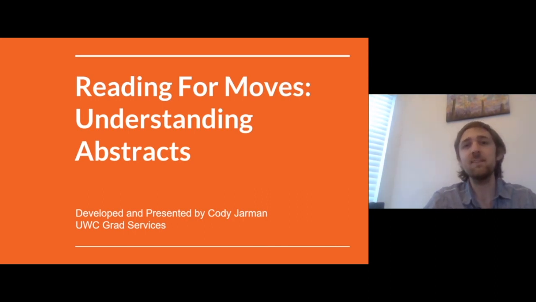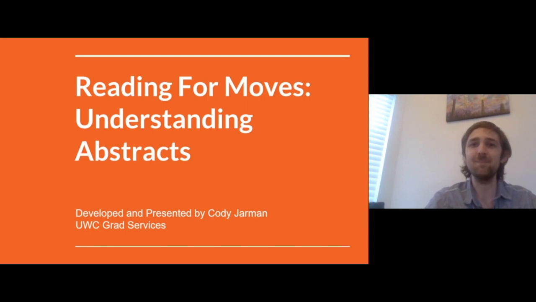And we'll also be reflecting a little bit on how discipline influences our approaches to writing academic abstracts. So hopefully, by thinking a little bit about rhetorical moves and the rhetorical purposes of the abstract as a genre of writing, we'll all be able to think a little more carefully and deliberately as we write our own abstracts and as we read abstracts when we do our own research.